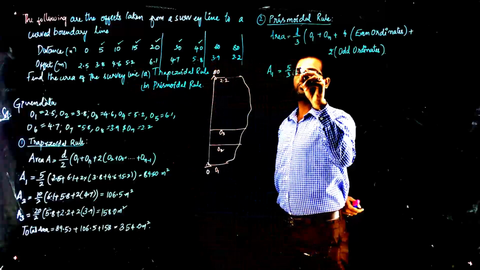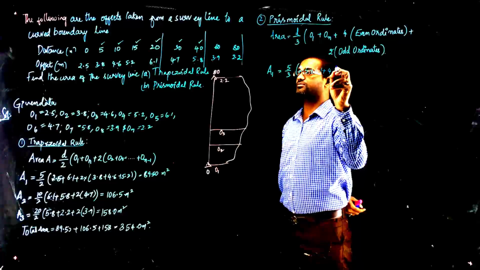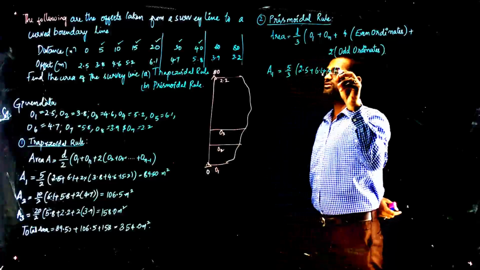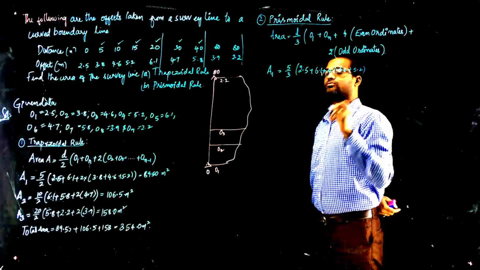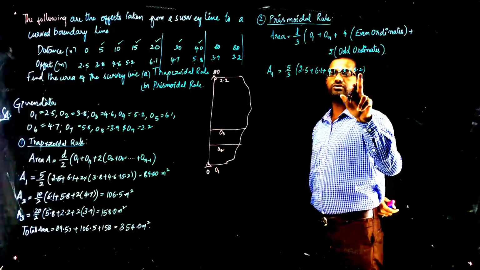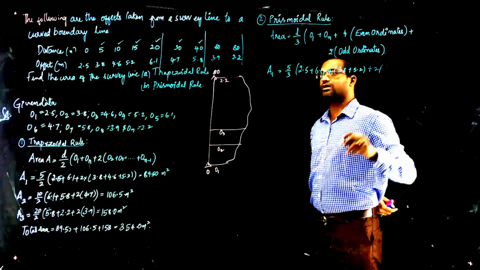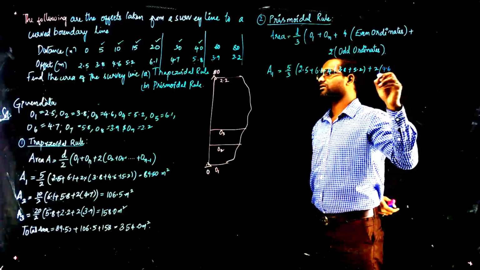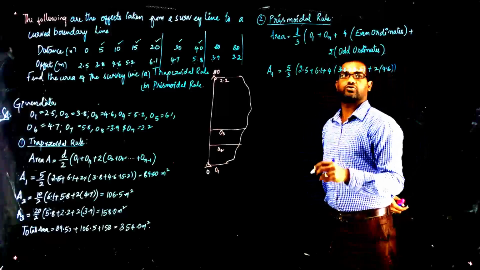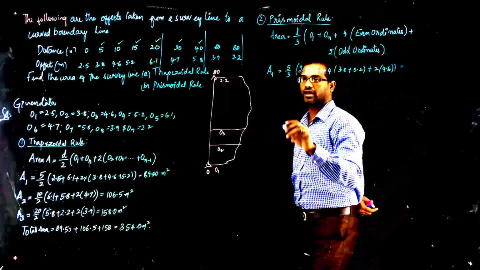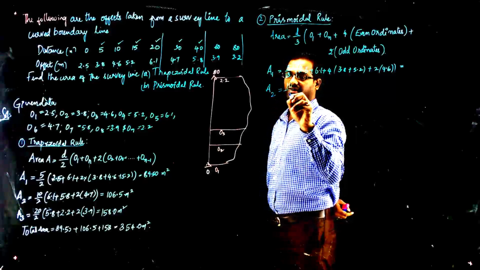The first ordinate is 2.5, the last ordinate is 6.1, plus 4 times the even ordinates, 3.8 plus 5.2, the second and the fourth, and 2 times the odd ordinate, only the third. So you get a value here.